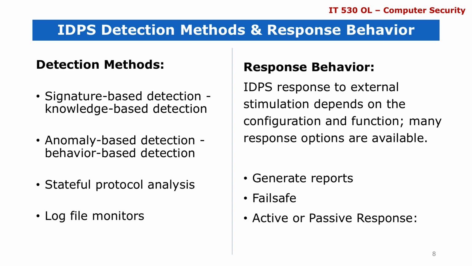Rather, there is just a definition of parameters, like the clipping level we mentioned, and when something happens out of that range, it is an anomaly. So new attacks can be detected more easily than with signature based.